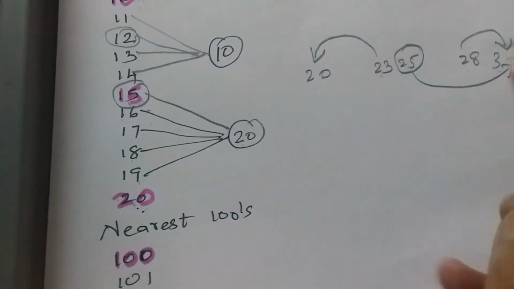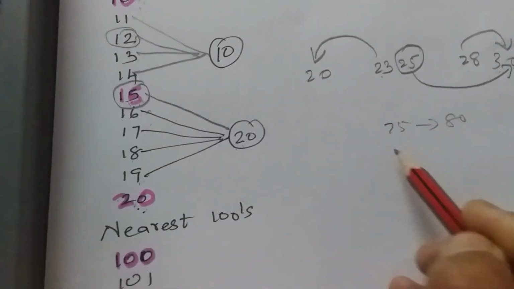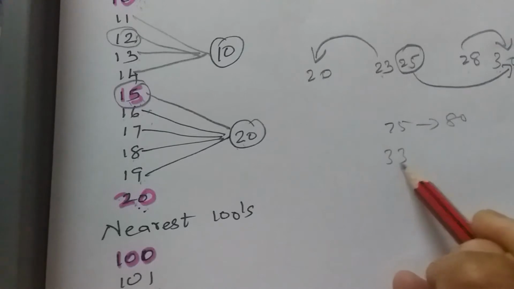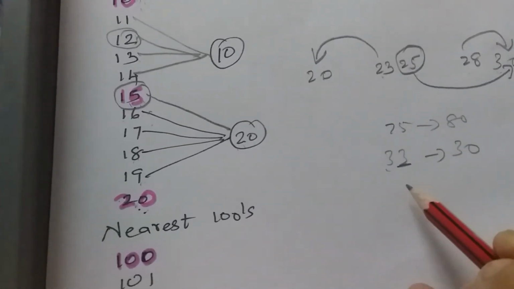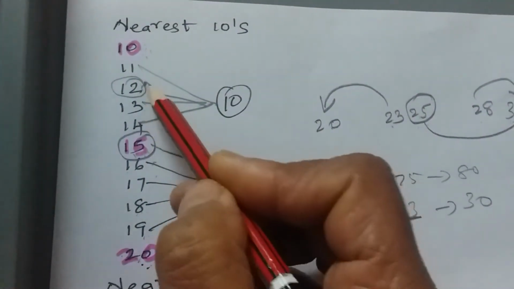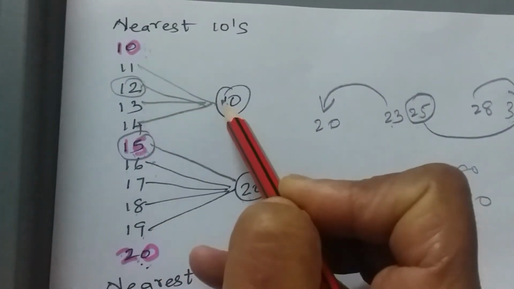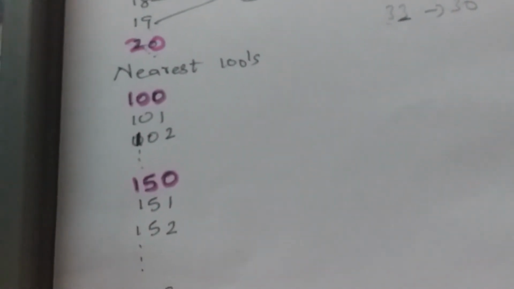If it is 20, 30. If it is 45, it is 50. If it is 75, it is 80. If it is 33, it is less than the mid value, so the same tens, 30, the lower number. And if the ones place is 1, 2, 3, 4, less than 5, then we estimate to the same tens.